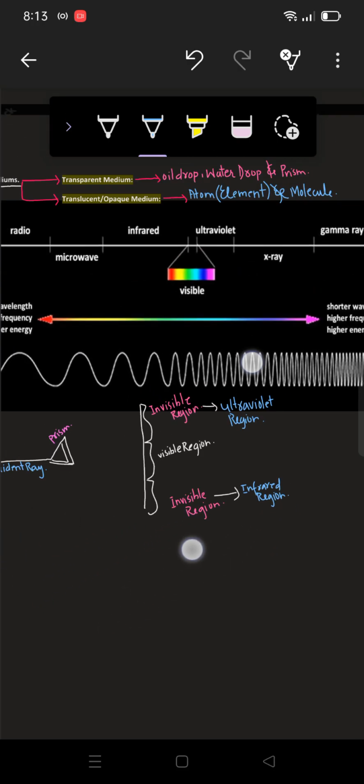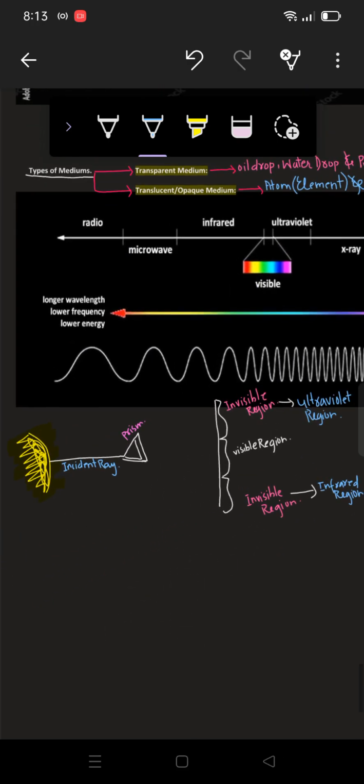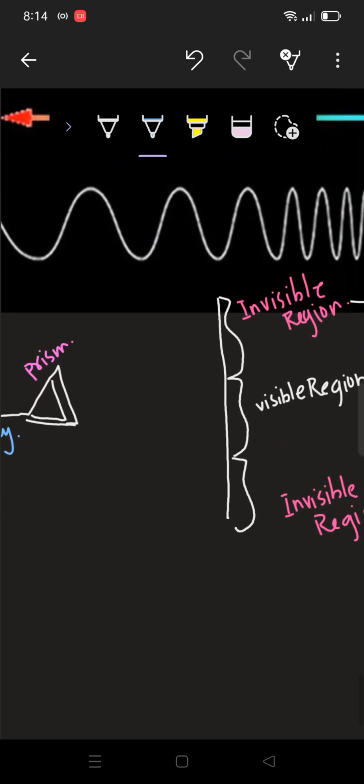Now when this incident ray, which originated from the sun, passes through a transparent medium, which is the prism, it splits into its 7 constituent colors.